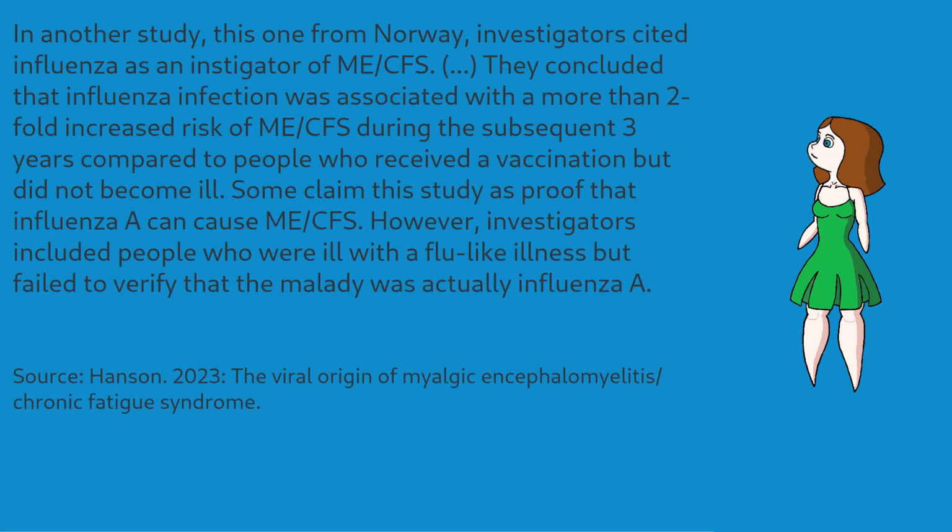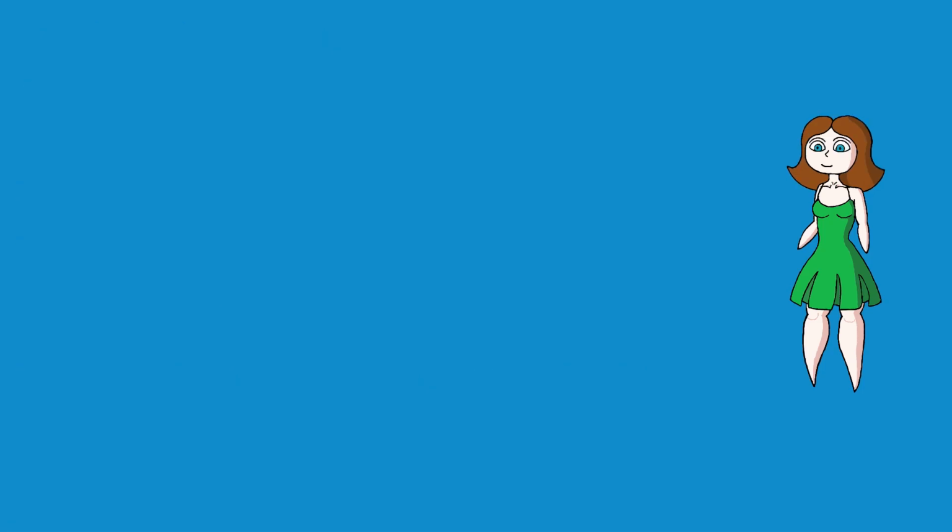For example, Norwegian researchers established a twofold increase in ME/CFS risk during an influenza epidemic without actually verifying that all the affected patients really had influenza. But it is likely that people with influenza-like symptoms during an influenza epidemic have in fact influenza. So, is there a way to reconcile these findings?